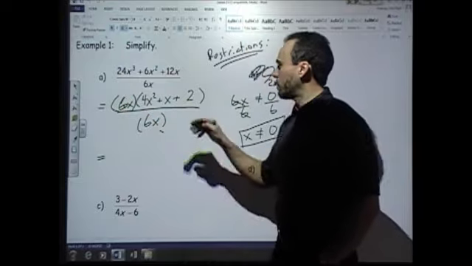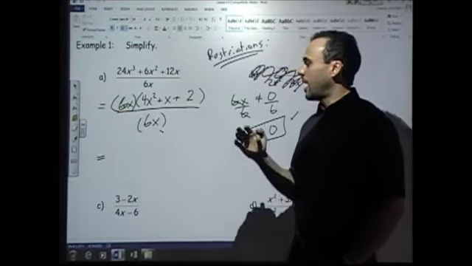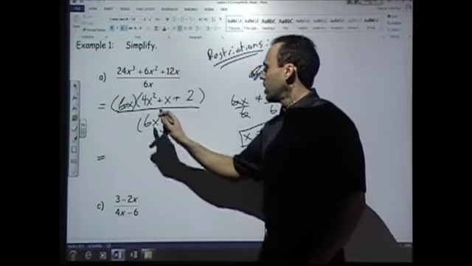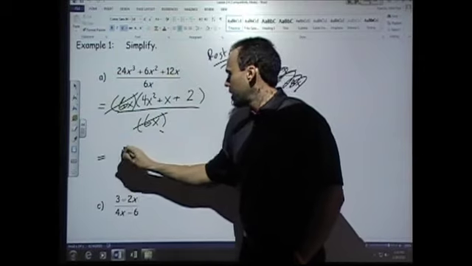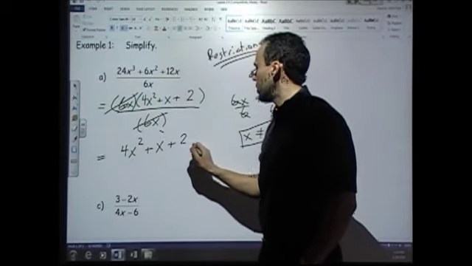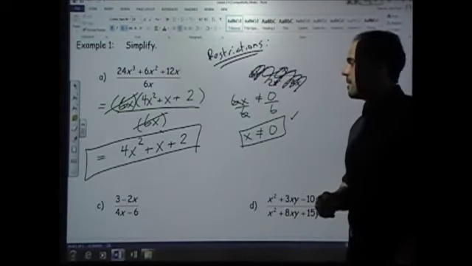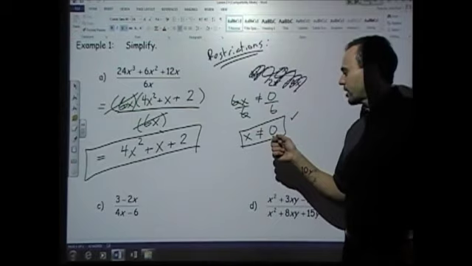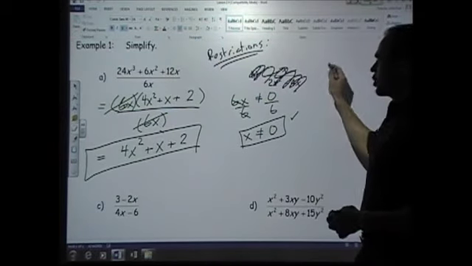Now that this is all multiplication, this bracket times this bracket divided by that bracket, I can cancel out like terms. That divided by that is gone, and what's left is 4x squared plus x plus 2. And this is the simplified version of that, except there is a restriction. X cannot equal 0. Okay? So we're going to try another one here.